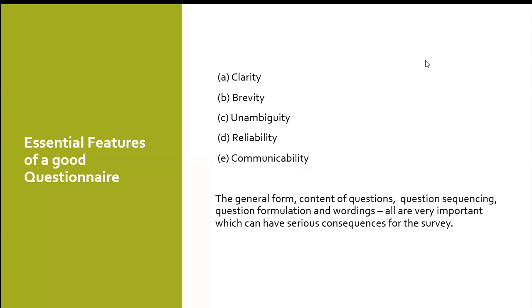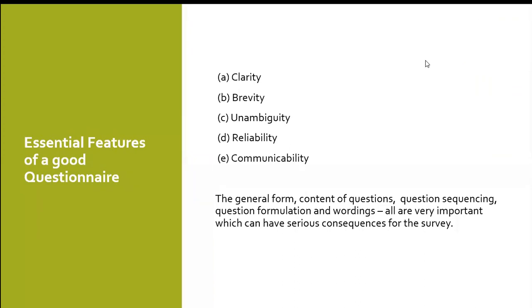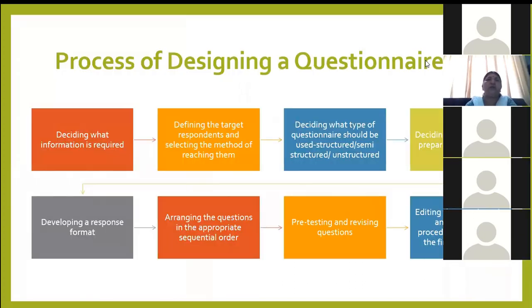So you have to be very careful about the general form of the questionnaire, the content of questions, then sequencing of questions. That is also very important. Similarly, the formulation of questions and the words that we use to frame questions. All these are very important, and all these can have serious consequences for the survey. So we must be very careful while designing the questionnaire.